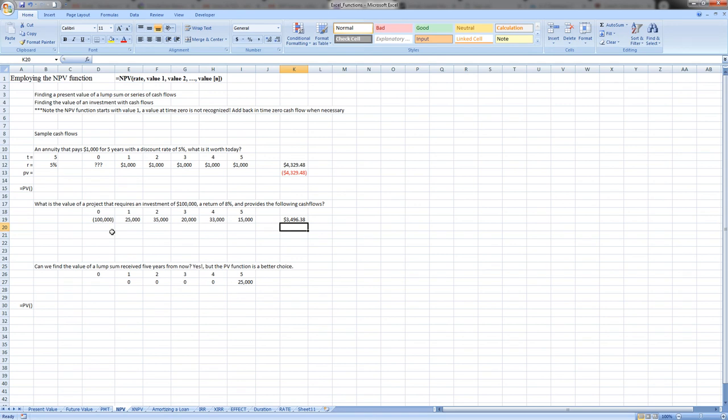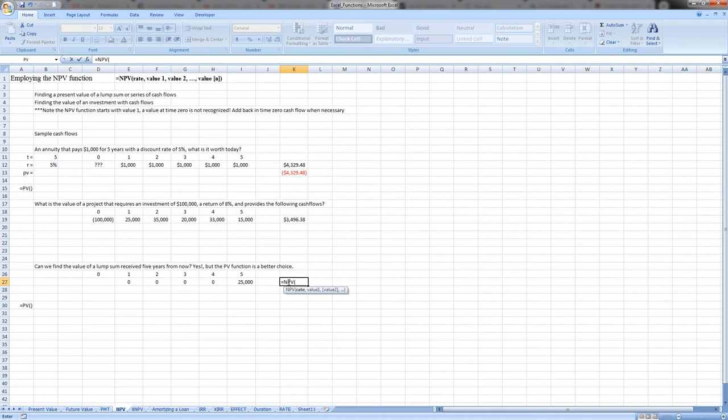In the last example, we can find the value of a lump sum received 5 years from now. That is, we have a future value. Okay, so we want to see, can we find out? What we end up finding out is that the present value function is better, but let's just use the NPV to find out. So we'll say NPV, and we need a rate.